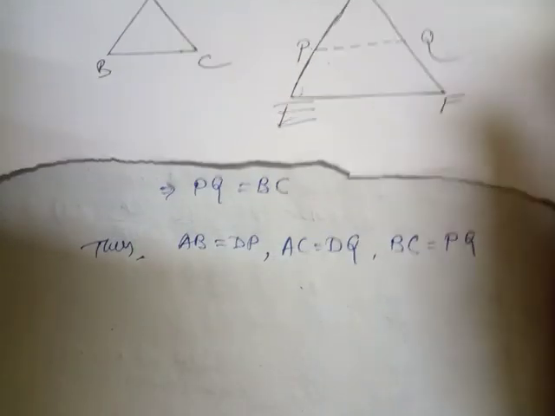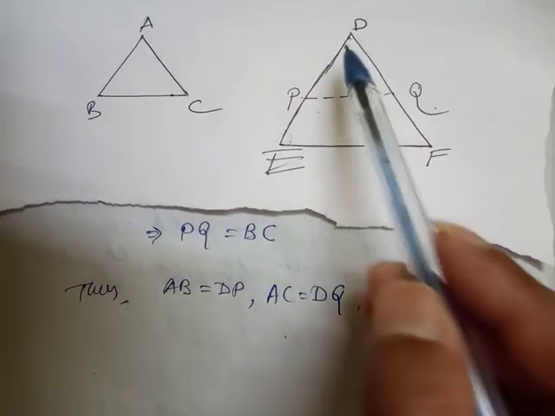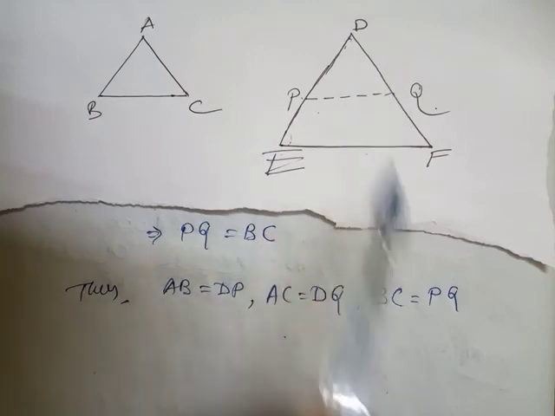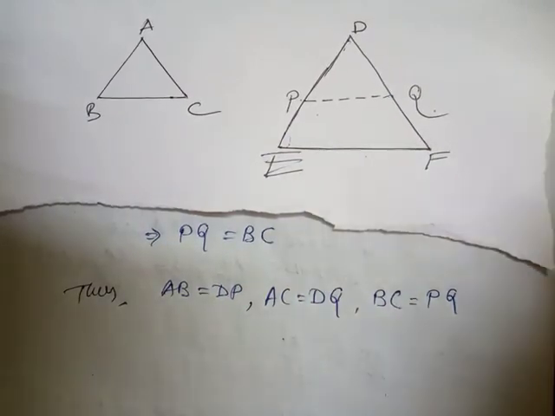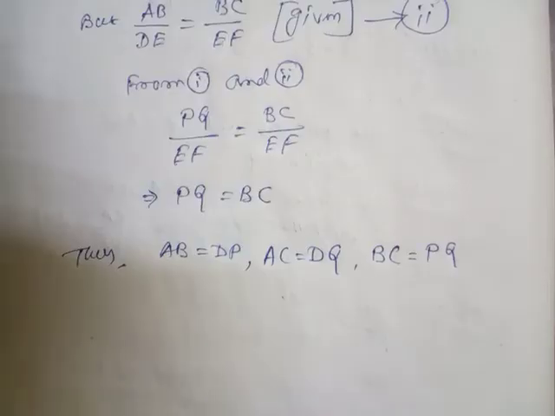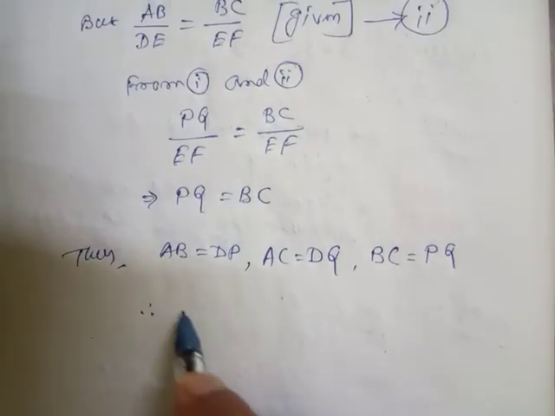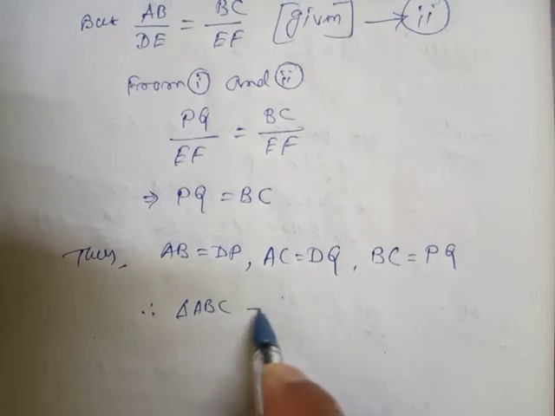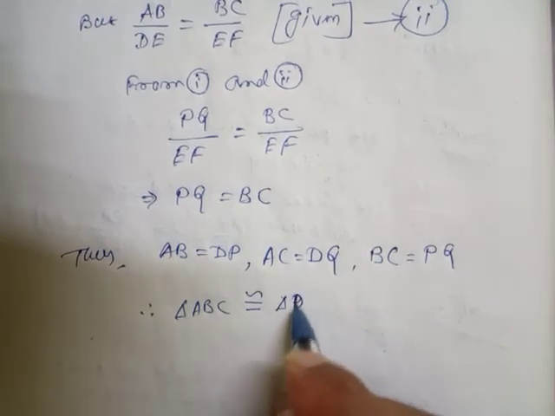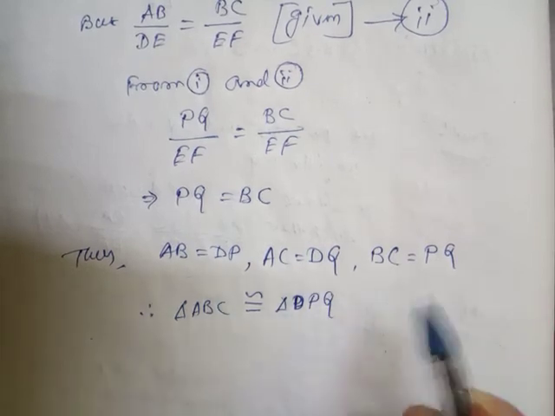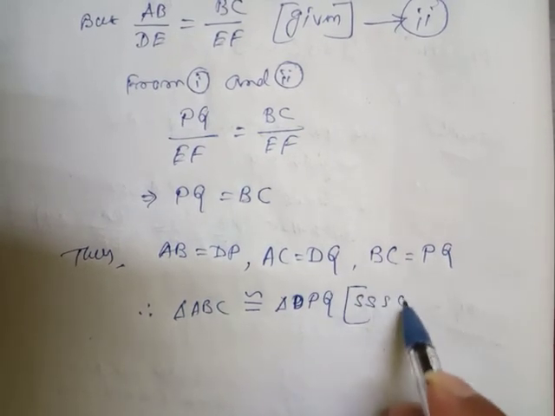But now we have proved that BC and PQ are equal. Therefore, students, we'll write here that triangle ABC congruent to triangle DPQ, all sides equal. So we'll write here side criteria.